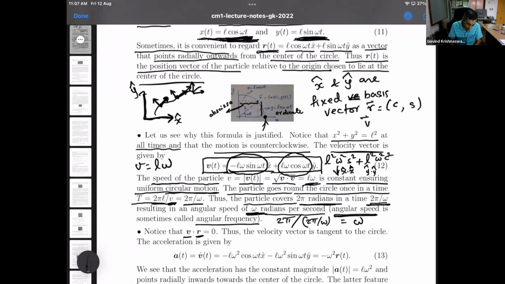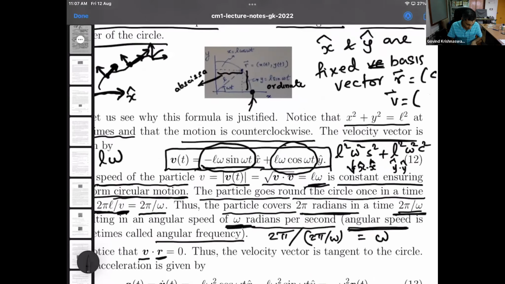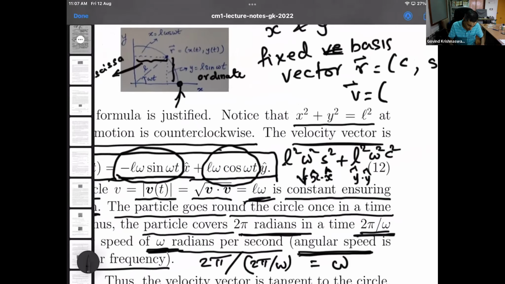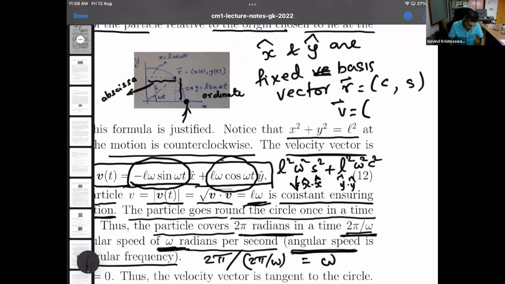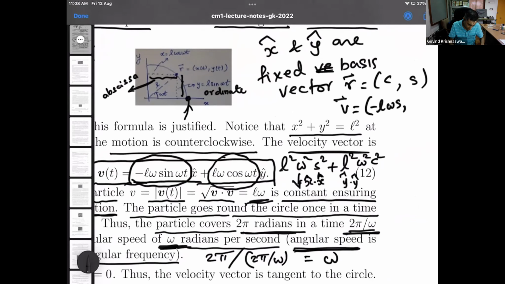The V vector we have already computed. It is written over here. So let us write down its components. They are minus L omega S and L omega C. I hope you agree with me. These are the components of the velocity vector, and those were the components of the position vector. When I take the dot product, we already showed last time, the dot product is the product of the x components plus the product of the y components.